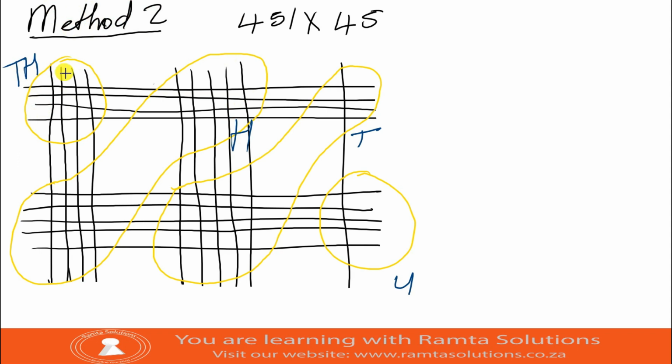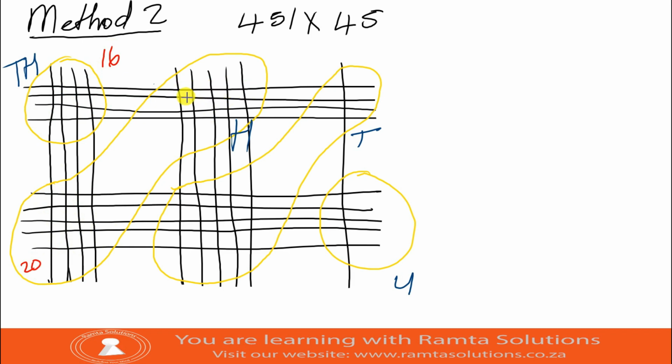So let's start. 1, 2, 3, 4. You can count them manually. However, I do see this is 4, 8, 12, 16. So it's 16. And then here we have 1, 2, 3, 4. This is 4, 8, 12, 16, 20. And this is 1, 2, 3, 4, 5.